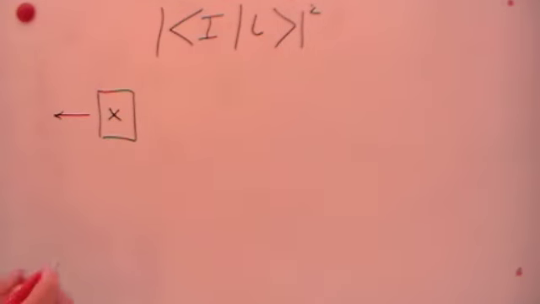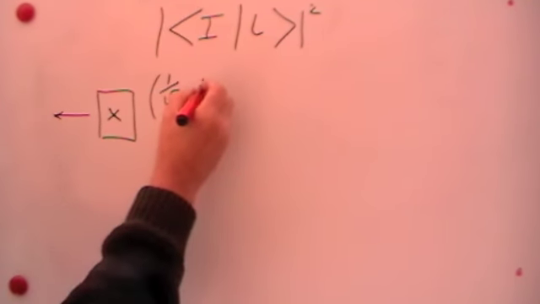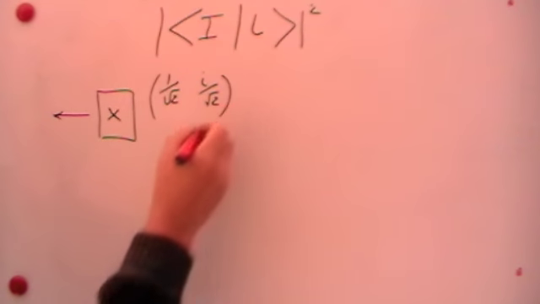Well, once again, we have to take the bra vector of the in, which you may remember was 1/√2, i/√2. But hang on a minute, for the first time, we've now got the problem that we've got to complex conjugate that, because we have now got an imaginary term. How do you complex conjugate?